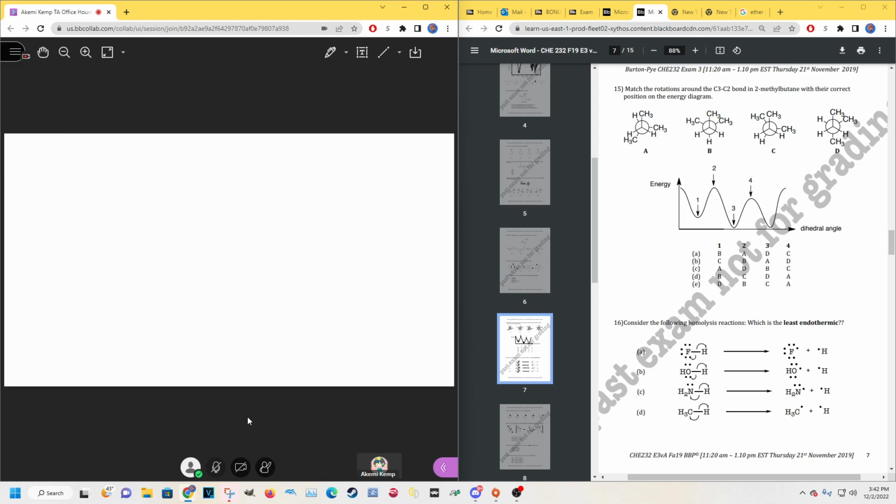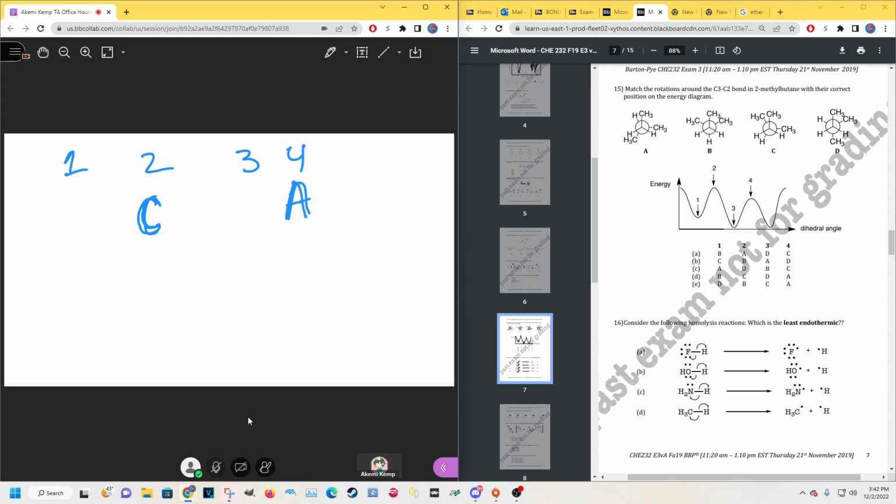They have the energy levels 1, 2, 3, and 4. So C, that's the high energy eclipse because all those methyl groups are right there next to each other. So C should fall on the 2. Then the other eclipse one we have is A. A is lower than C, so that should be 4.